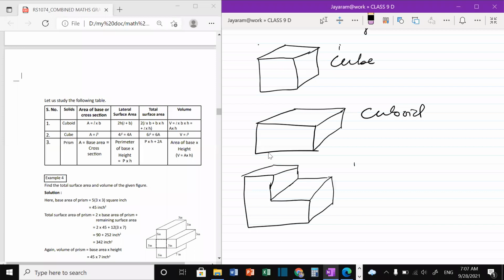This is L based. Actually these all are prisms. Just the names are different, just like somebody tells doctor, somebody tells engineer, somebody tells student. They all are human beings, similar to that.